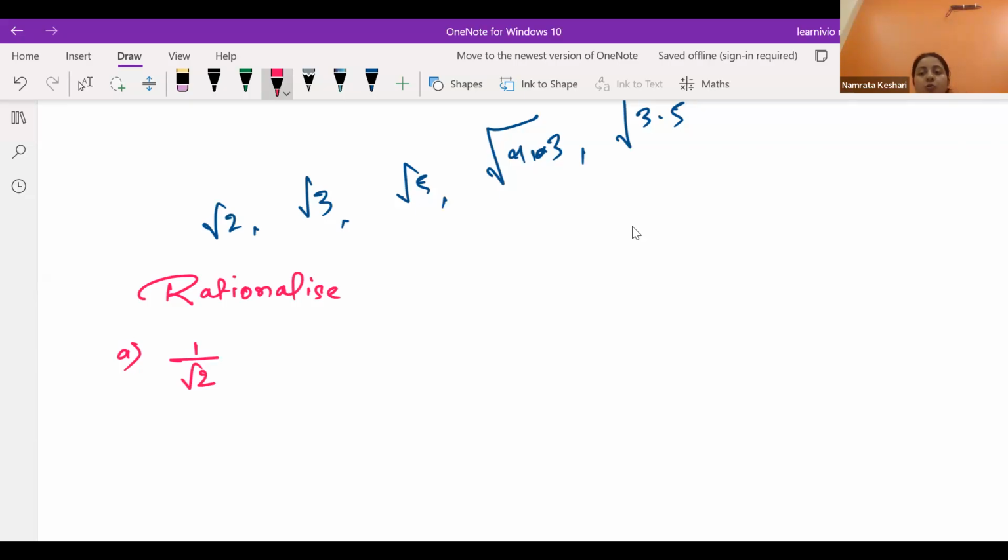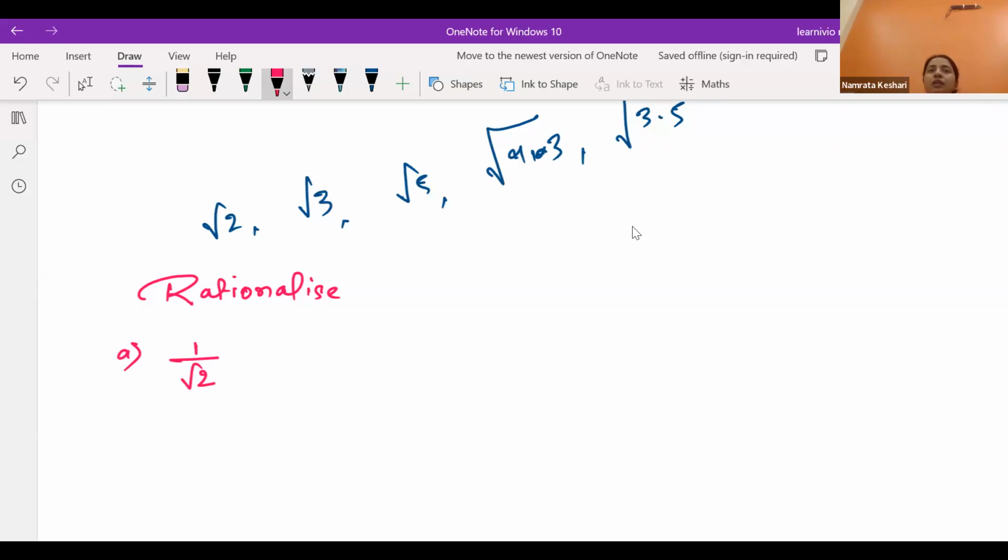For removing this root, you can do whatever is possible, whatever works. Any formula, any trick, any logic, but we just want to remove the root from the denominator. While removing the root from the denominator, if we end up with a square root in the numerator, that is fine.